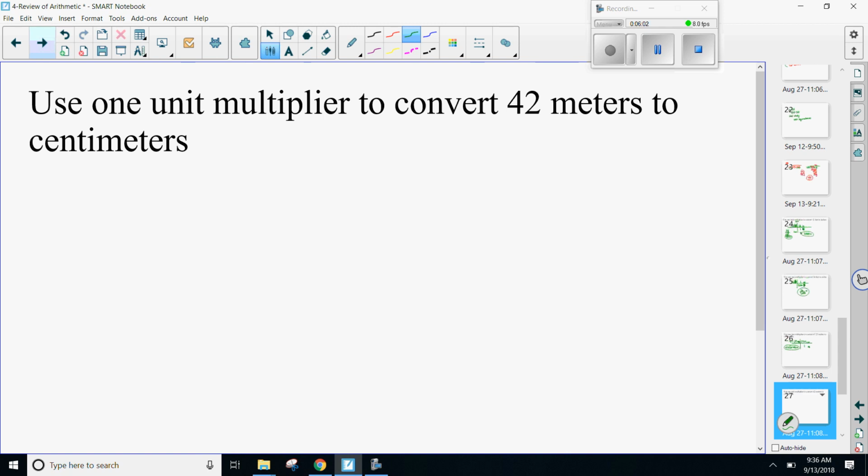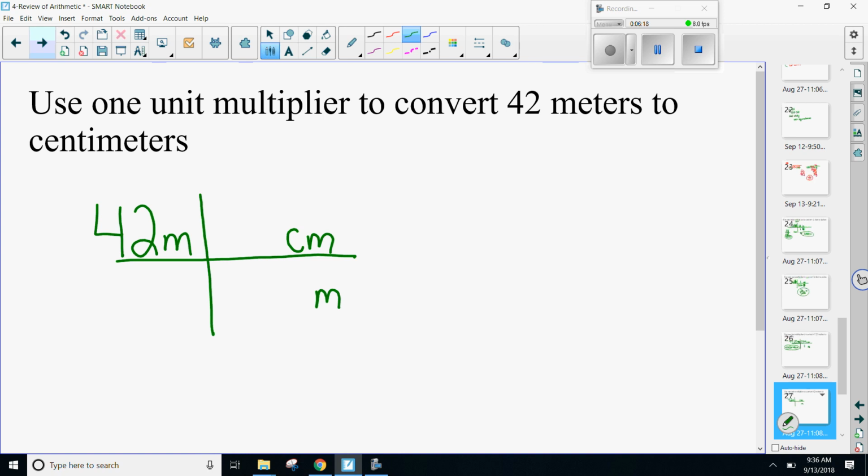Use 1 unit multiplier to convert. You start out with 42 meters, 1 unit multiplier. Who comes off? Meters. Who goes in? Centimeters. Thank you, Garrett. There's 100 centimeters in 1 meter.